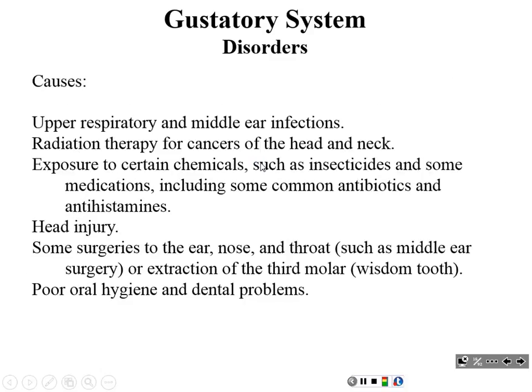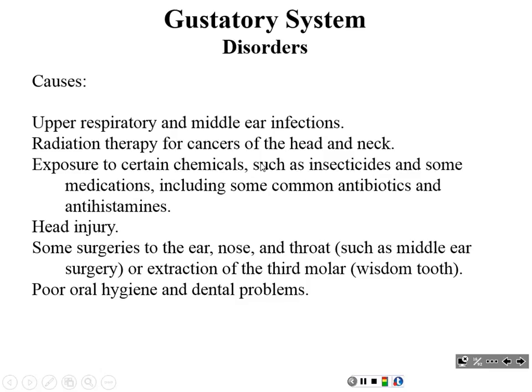What are the causes of the gustatory disorders? Most likely infections of the upper or middle respiratory pathways. Radiation therapy for cancers of the head and neck is very common in patients after thyroid cancer that go through radiotherapy to lose the sense of smell.